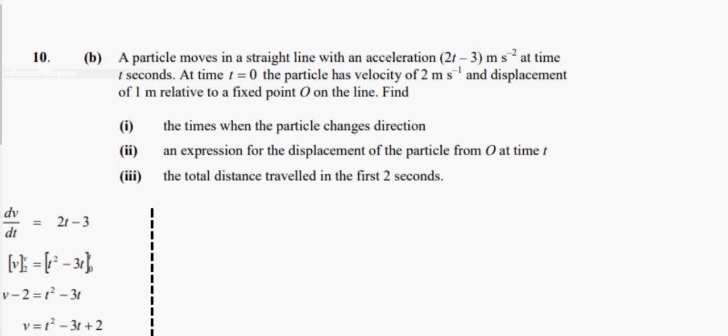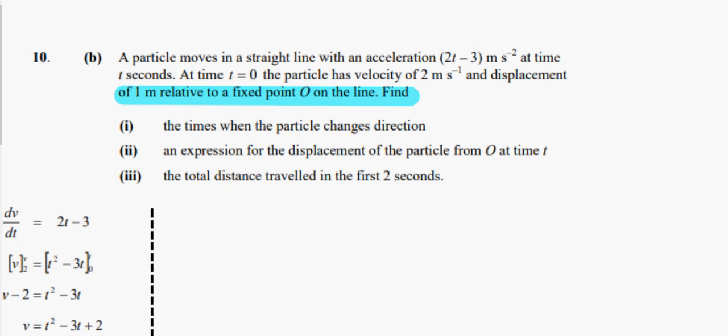The particle moves in a straight line with acceleration 2t minus 3 meters per second squared at time t seconds. At time t equals 0, the particle has a velocity of 2 meters per second and a displacement of 1 relative to the fixed point O on a line.